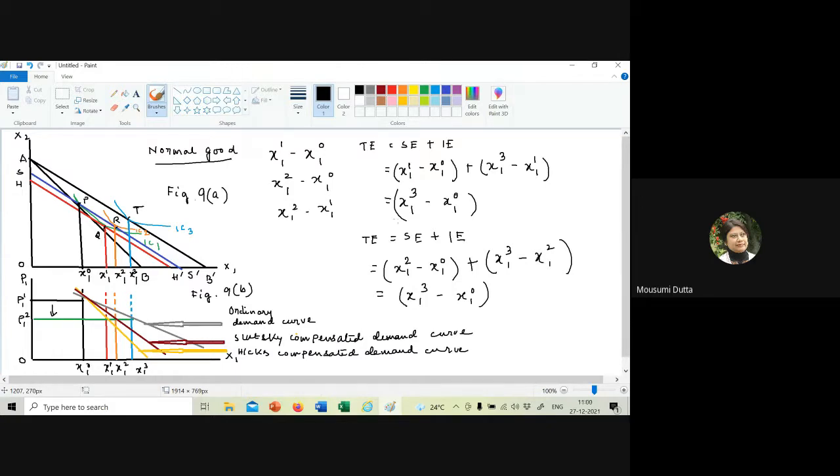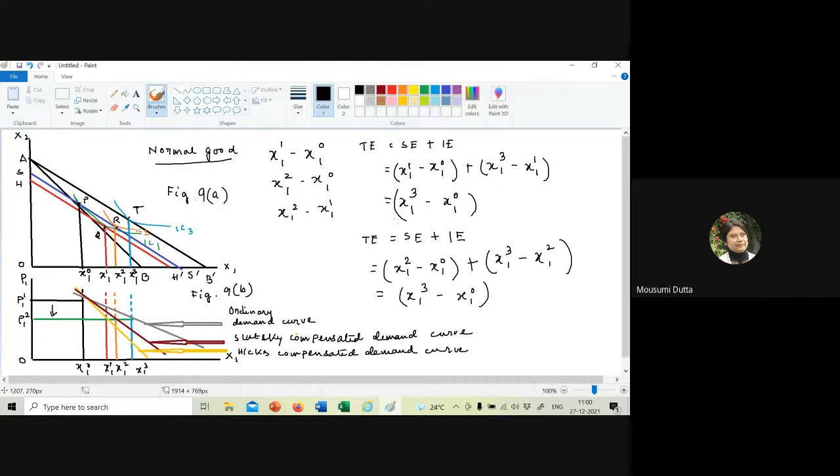It's not that for Hicks it will be something and for Slutsky something else, because the difference lies in defining the constancy of purchasing power, and therefore the difference is in the substitution effect. Therefore there is a difference in the Hicks compensated and Slutsky compensated demand curves. However, the ordinary demand curve is identical for both.